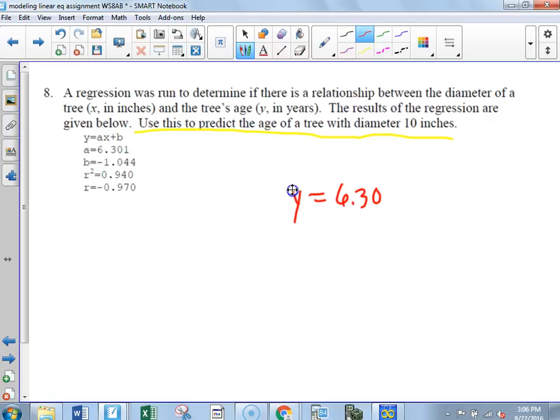I don't know what happened to my cursor here. Plus b, which is negative 1.044. So then it's just a typing. Is it 62 point something? Yeah, I was trying to do it in my head. 61.966 is exactly what I got. Yep.